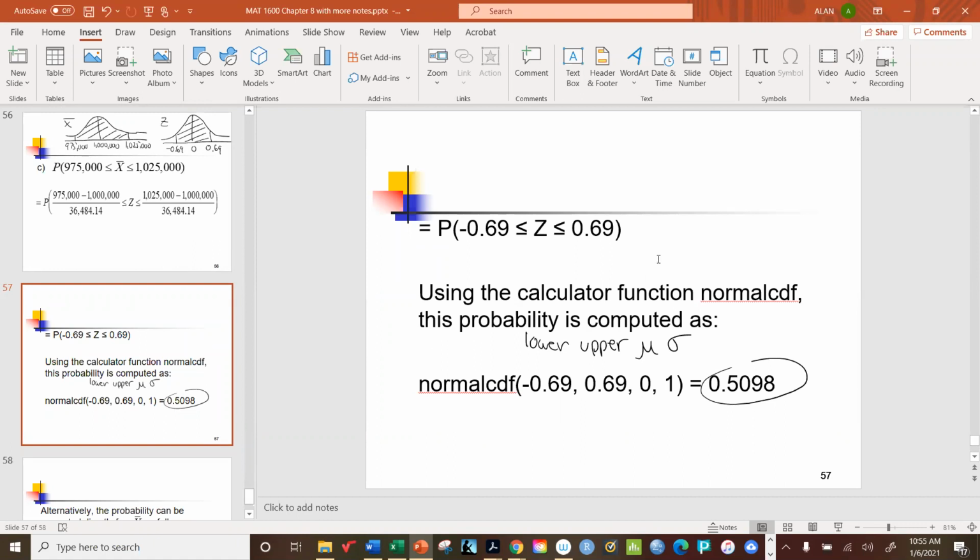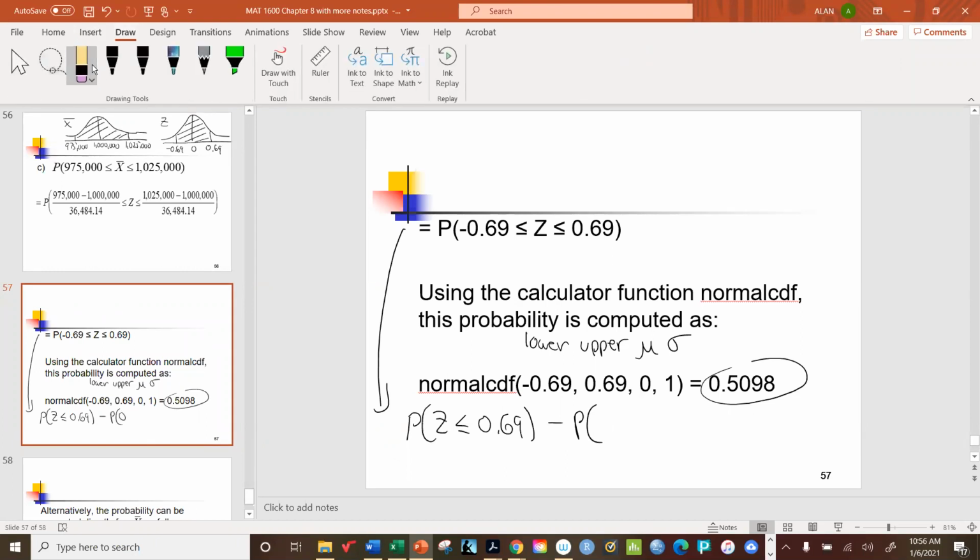If you're going to use the table, remember that it will be rewritten as the difference between these two. And we can easily look these both up in the table.